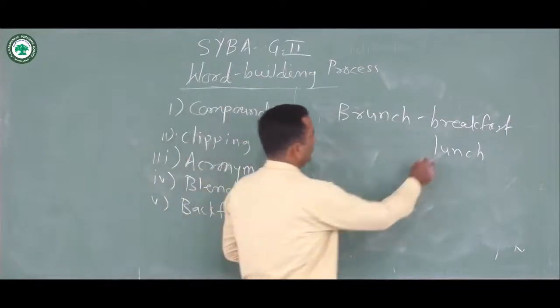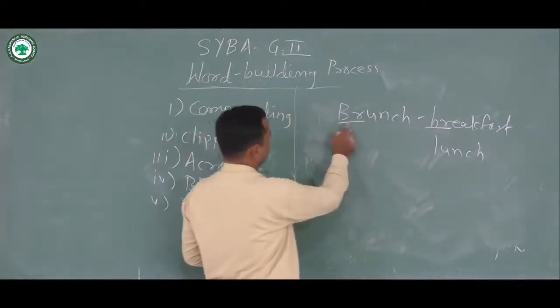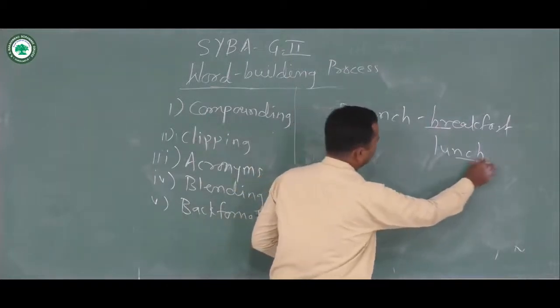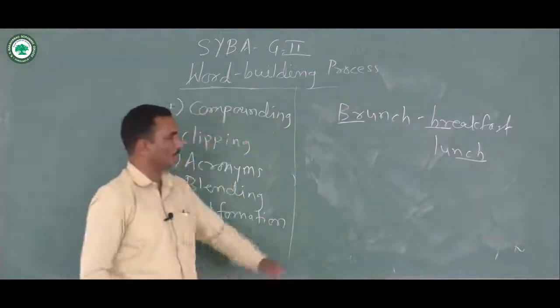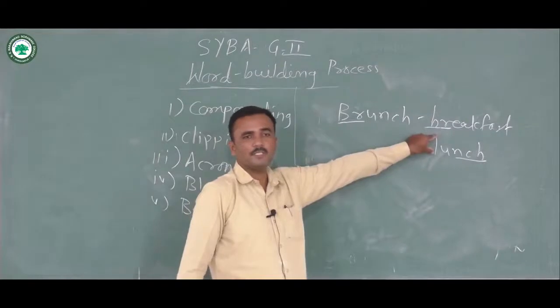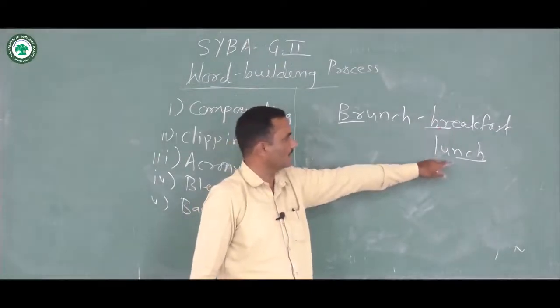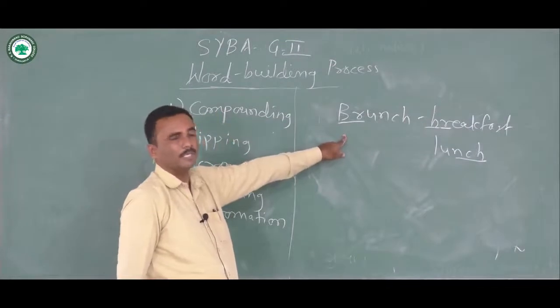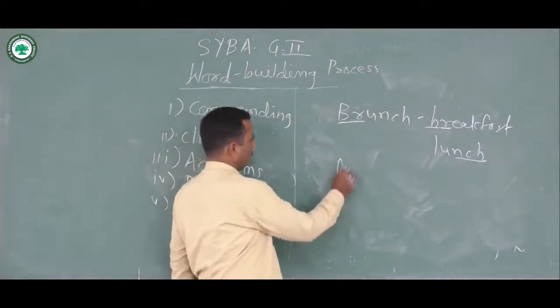Here you can see this is the first part, that is BR of breakfast, and this is the second part of the second word. This is the combination of two words, breakfast and lunch, and a new word is formed, that is brunch.